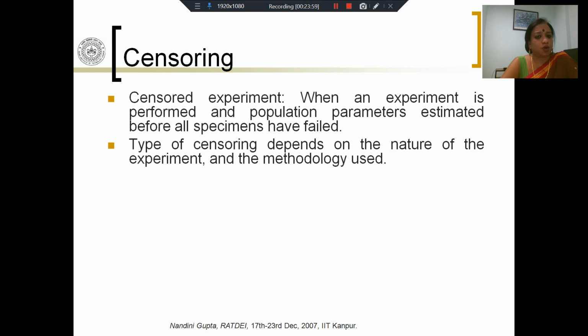We also have to talk about censoring, because when an experiment is performed, there are certain situations where we know that the test result is not dependable. One example could be when we are performing breakdown tests with rod plane gaps. Often we find that breakdown happens at voltages much lower than expected.